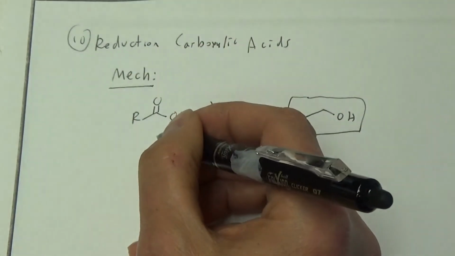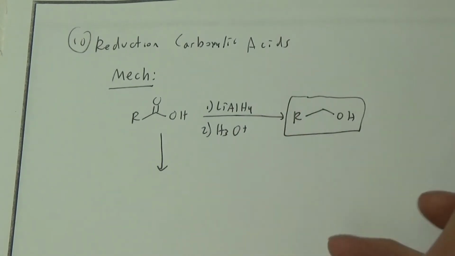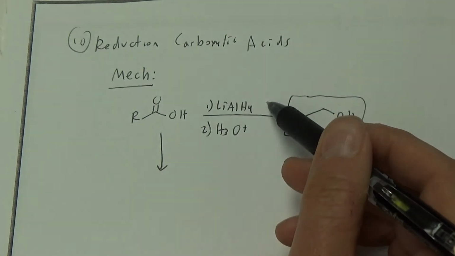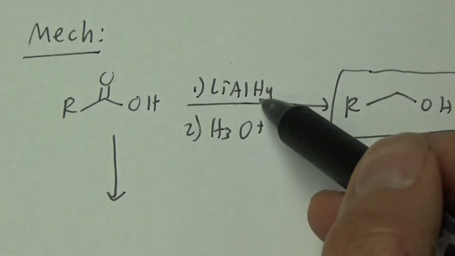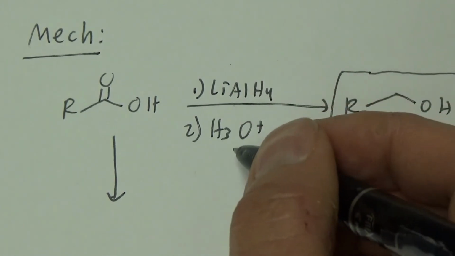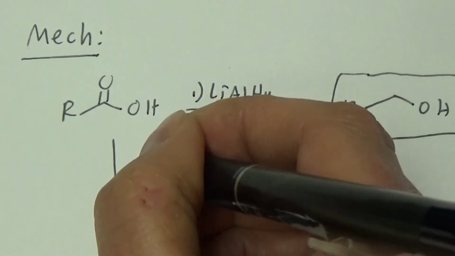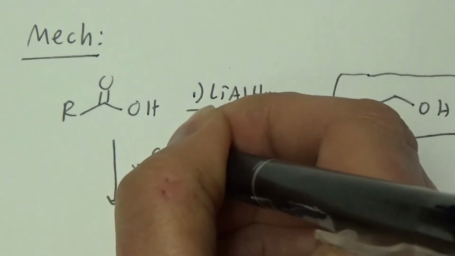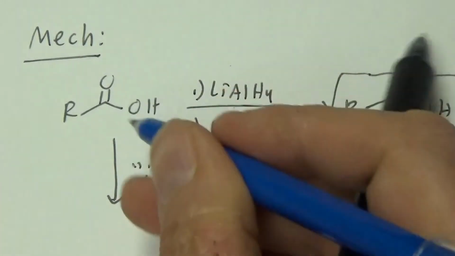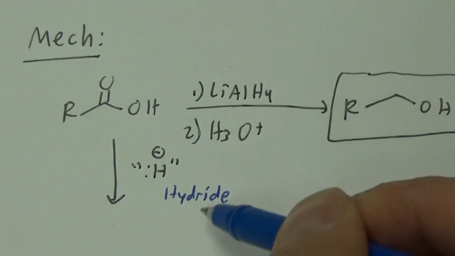For the first step, we've already talked many times, including in Organic 1, about how these are nucleophilic hydrides, H minus. What do we mean by hydride? It's called hydride, and usually it's a nucleophile, so it attacks stuff.